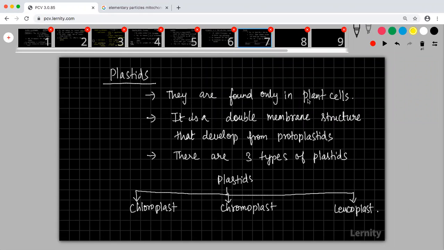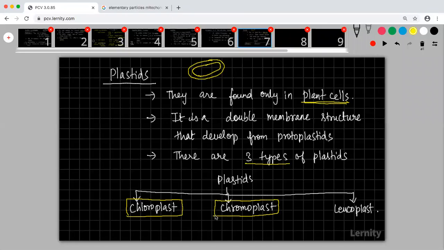Okay, plant cell alone will have plastids. You can see that they are also double membrane structure. So like mitochondria, you'll have two membranes. And there are three types of plastids. One is what we call chloroplast. The second one is what we call chromoplast. And the third one is what we call leucoplast.